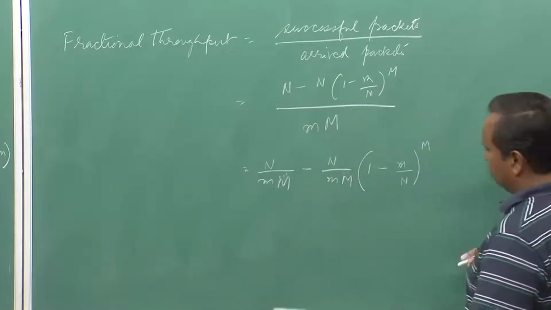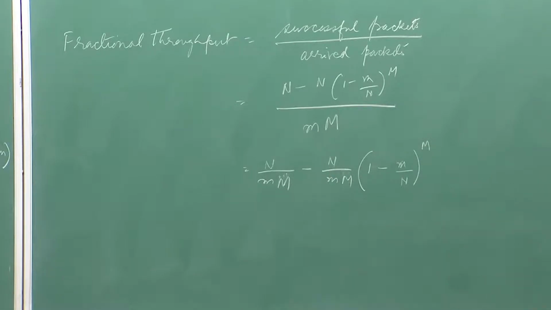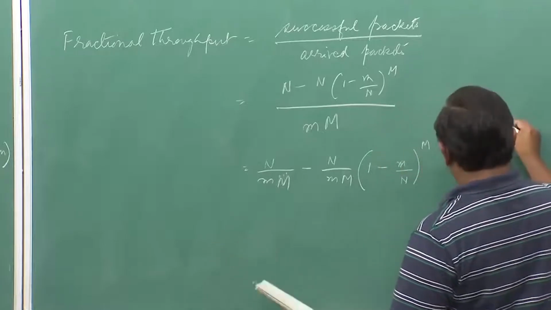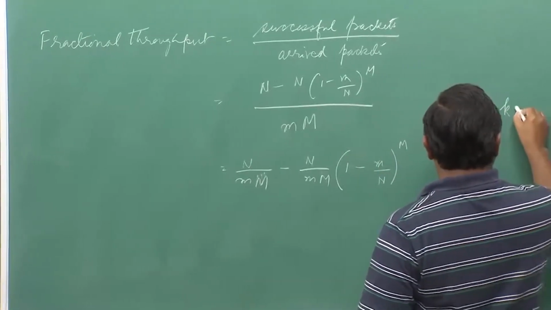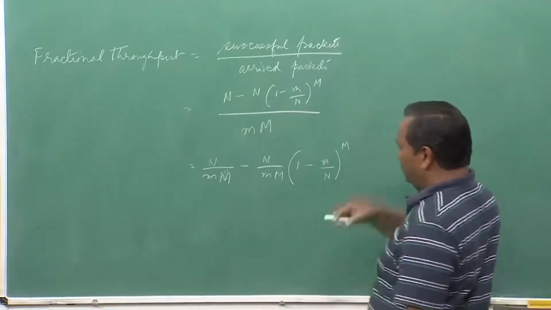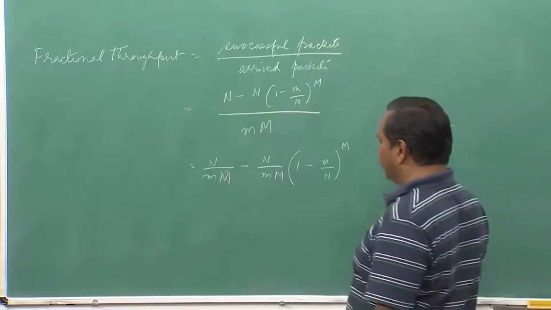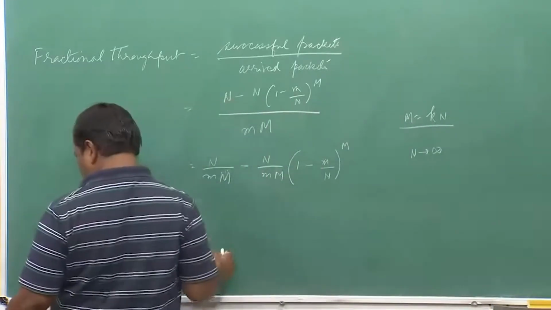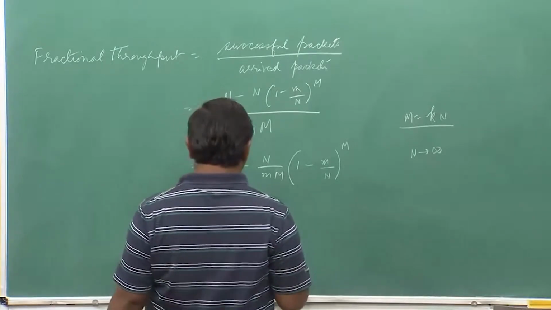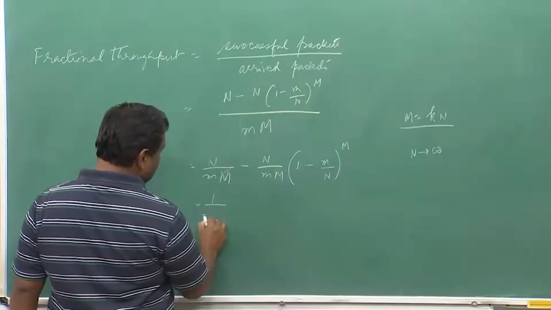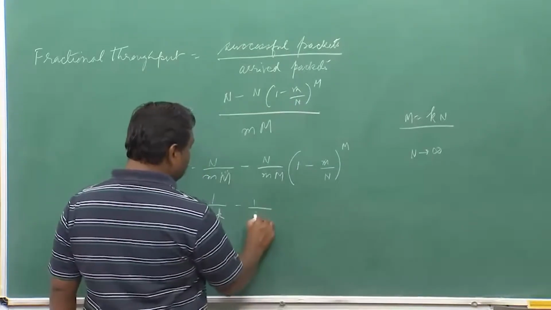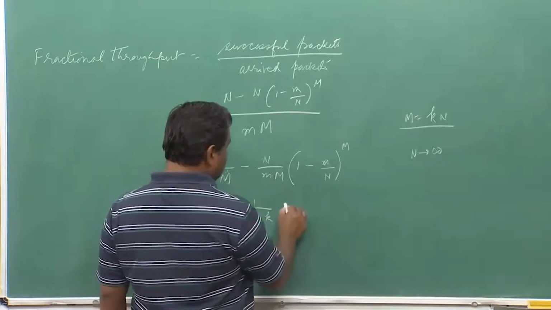So, I can always simplify this to figure out the fractional throughput for very large values. So, I can write m is equal to k of n. So, this ratio is fixed, and then I can take n goes to infinity and actually solve for this expression. So, I will get one over m k minus 1 over m k.